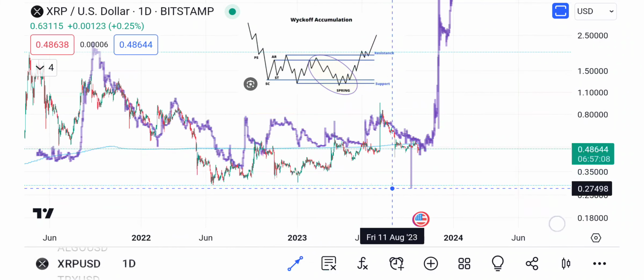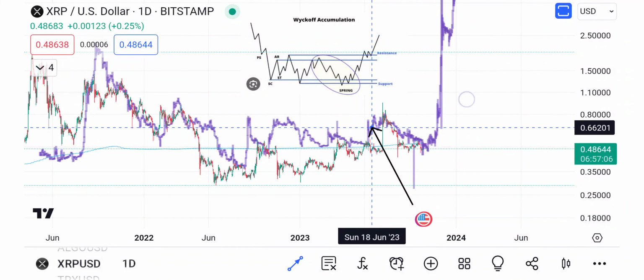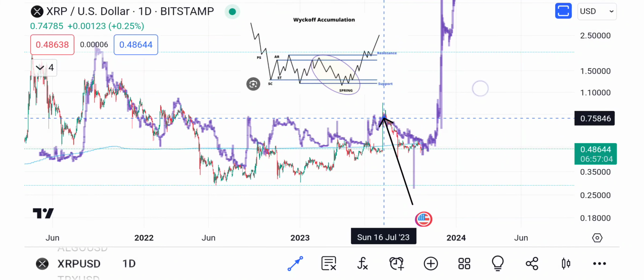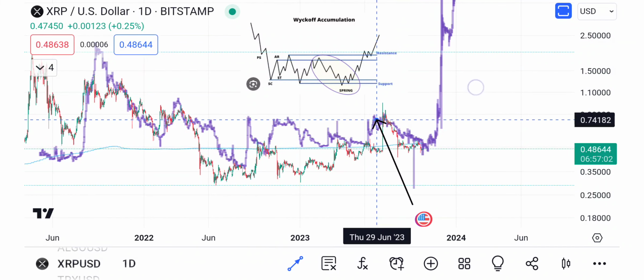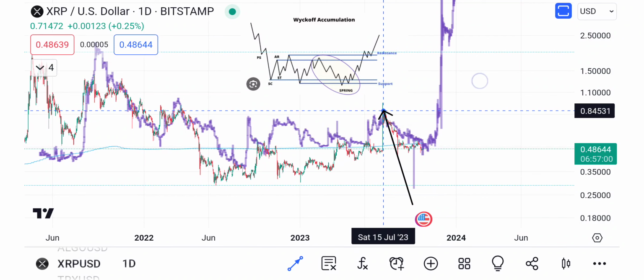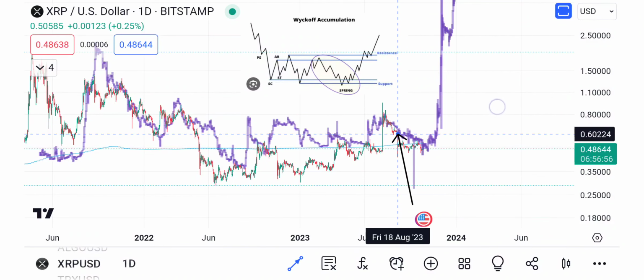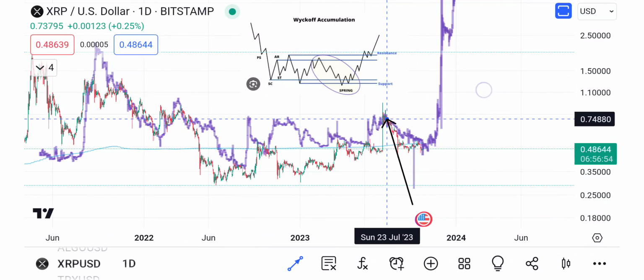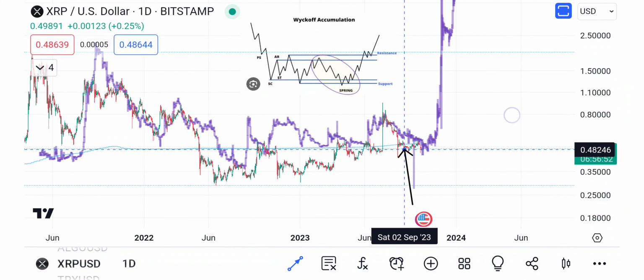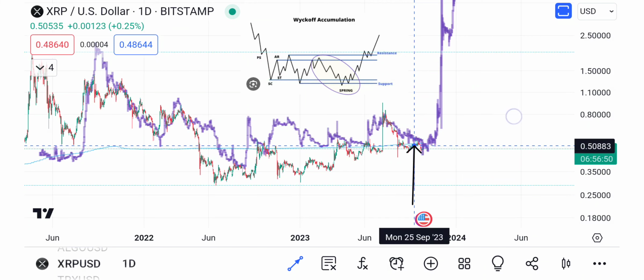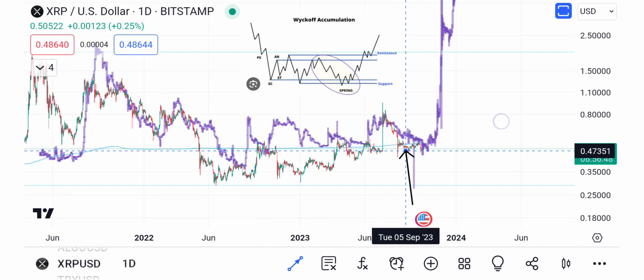So what I'm thinking is this peak here from the purple fractal is probably the peak from Judge Torres' decision, that pump we had. And this right here is the spring, just like this is the spring. And then notice on the purple fractal we went sideways for a bit. Well, look what's happening now.